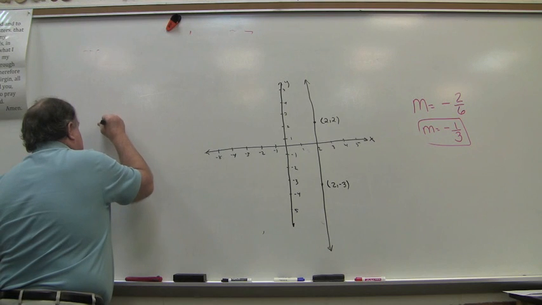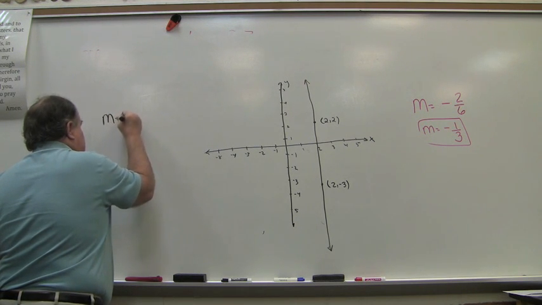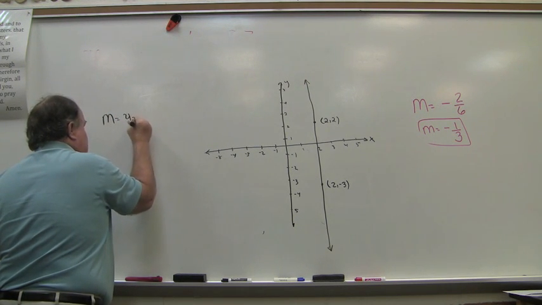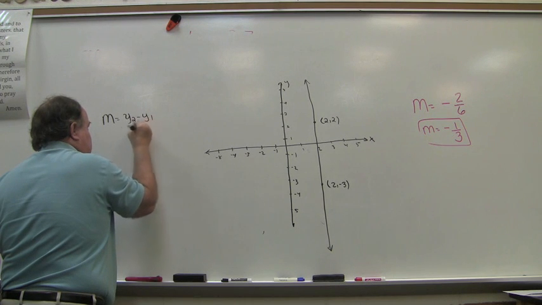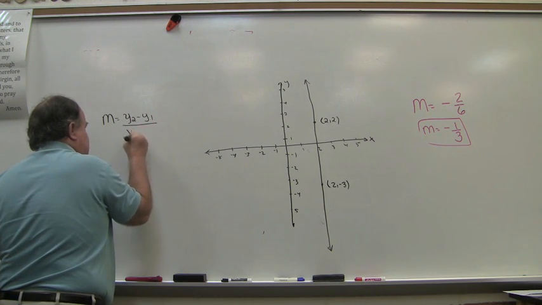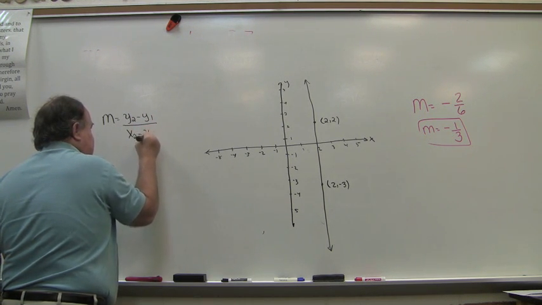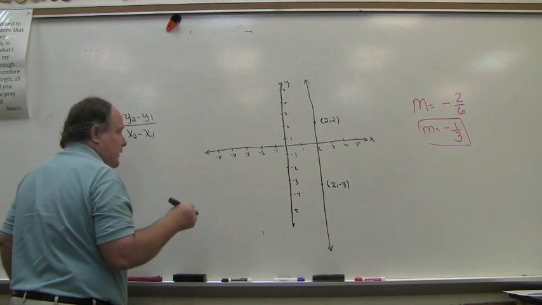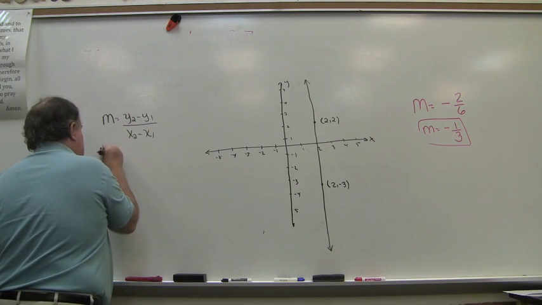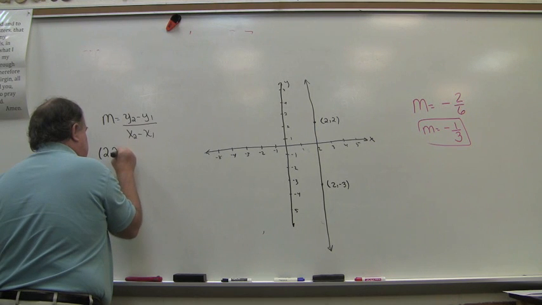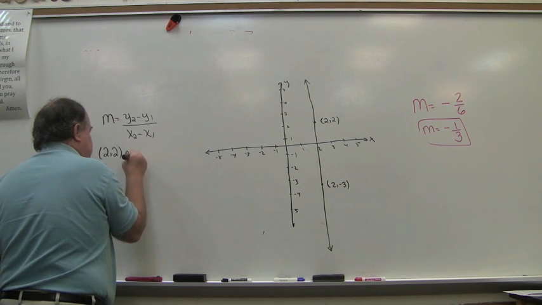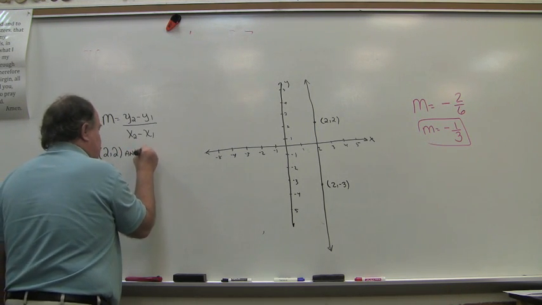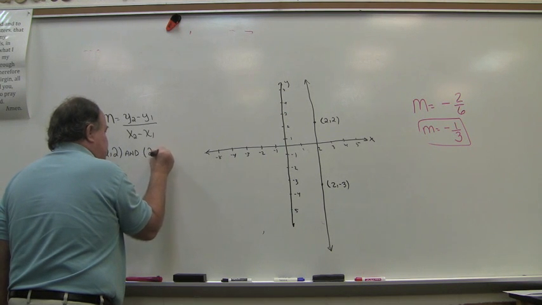The slope formula says the slope is y2 minus y1 over x2 minus x1. And we have 2 points: we have 2, 2, and we have 2, negative 3.